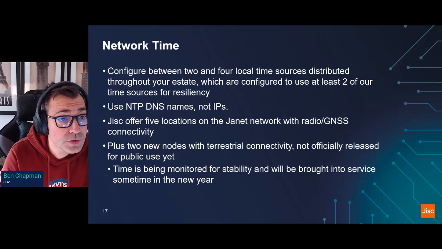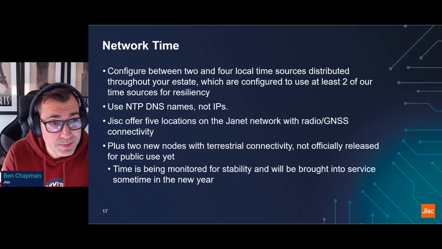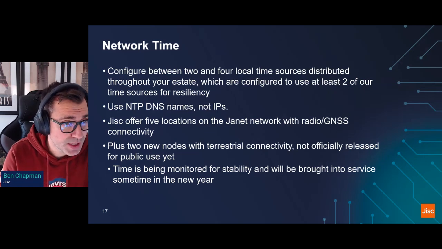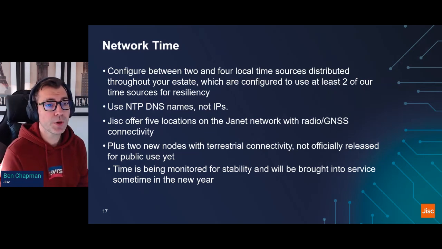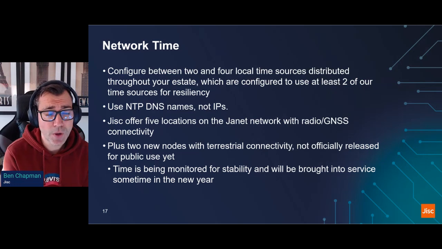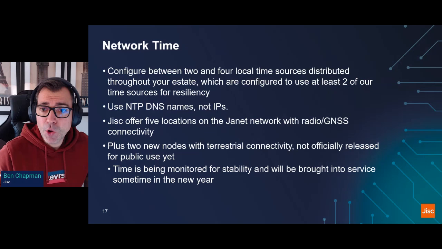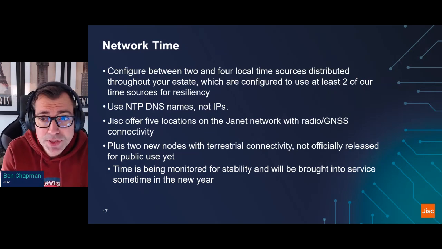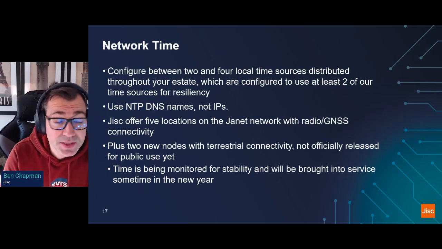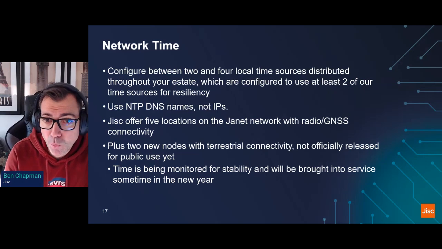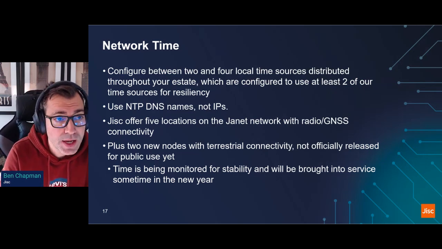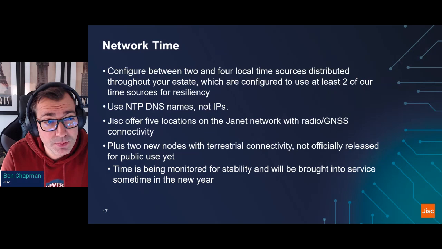We would recommend to use the NTP DNS names, not the IP addresses. So please check your configuration. That way we can make changes to our systems, and we have some planned this year. We have 7 feeds at the moment. 5 of them are using radio technology and GPS technology, but these things can be interfered with.